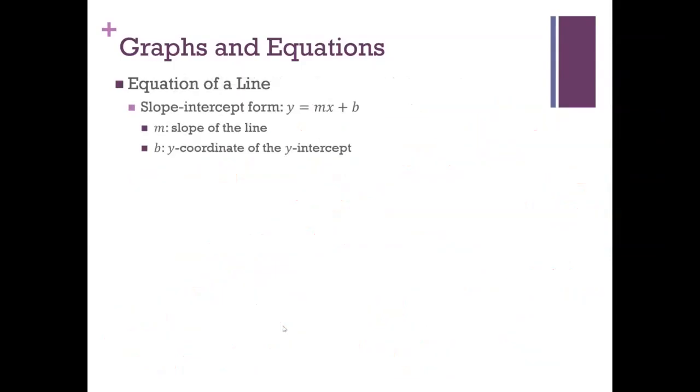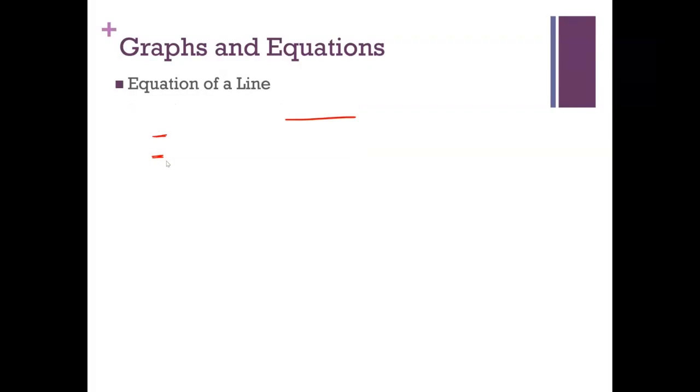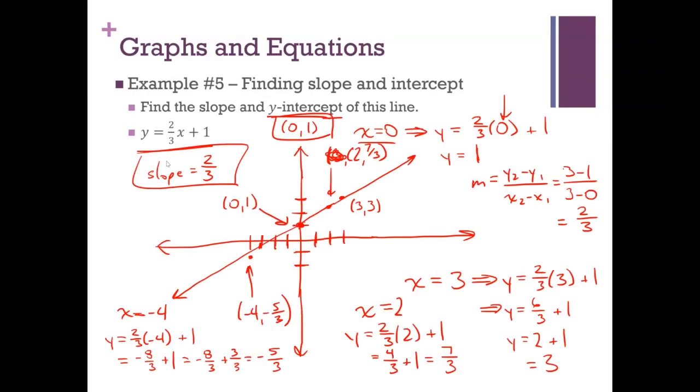So the equation of a line. So we just kind of saw this. Maybe we didn't notice how all this lined up, but this is one of the ways we can talk about any equation of a line: y equals mx plus b. So m will always stand for the slope of the line. B will always stand for the y coordinate of the y-intercept. So if we go back, what was the slope we found? 2/3?